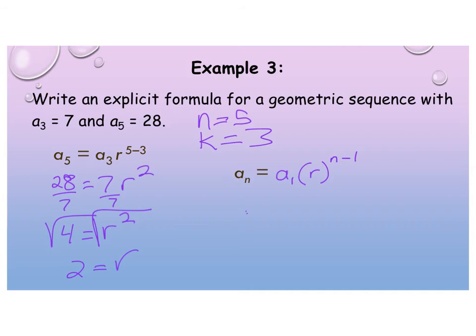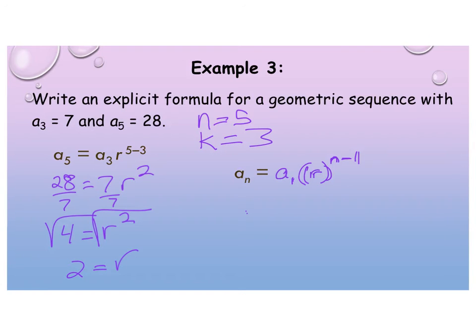All right, what we're going to do is use our standard formula, and a sub n is a sub 1 times r to the n minus 1. Well, we know r, we don't know a sub 1. But I have two different a sub n's.